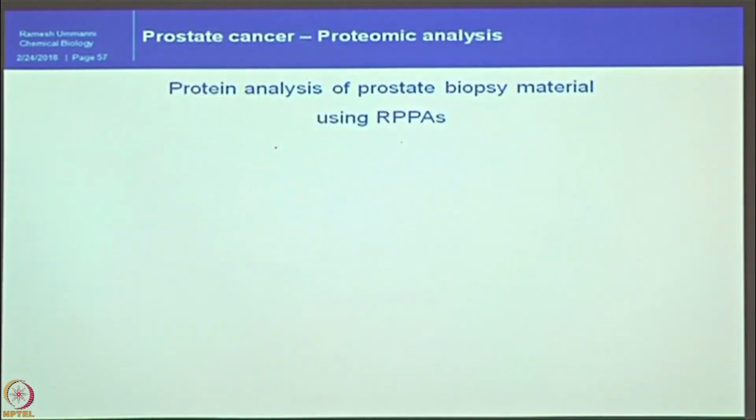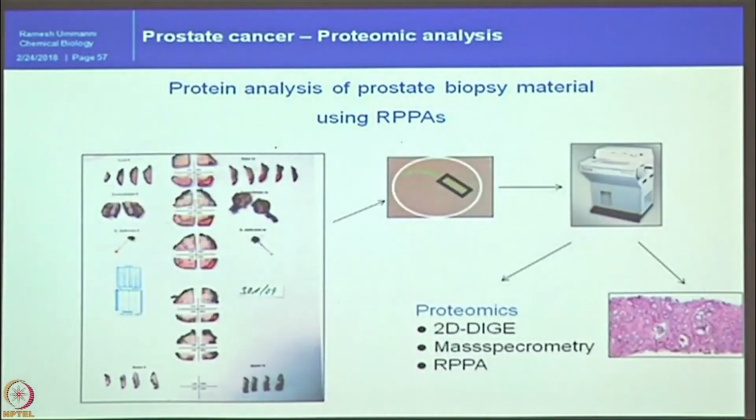Now, the last couple of slides I will sum up. Protein analysis of prostate biopsy material using the RPPA approach. I said in the beginning that any type of sample can be analyzed here, so the capacity is high throughput and the applicability of RPPA towards biomarker discovery. One of the studies I did during my postdoc time.